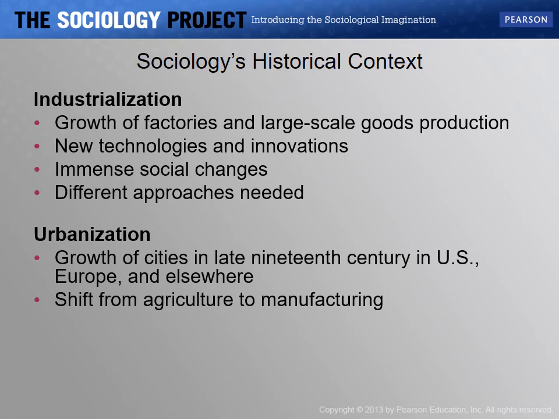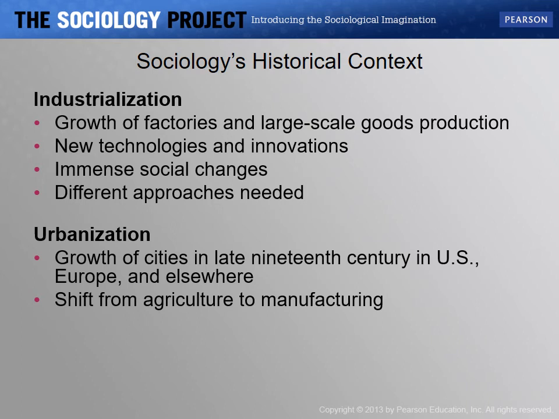Imagine today not having a cell phone. How has it changed your life? Or having a smart home where you give everything voice commands to turn on and off. It's a far cry from building a fire. It's led to immense social changes and a different approach to how we look at society.